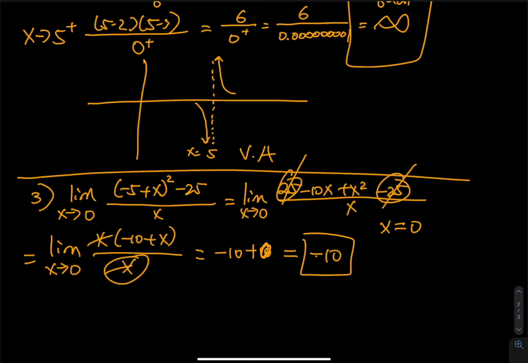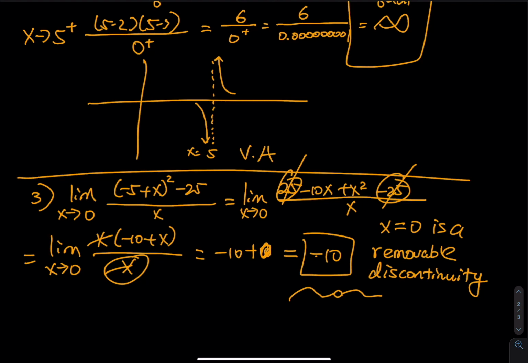So we call x equals 0 a removable discontinuity. What is a removable discontinuity? When you graph, a removable discontinuity is like an open circle. It's not a vertical asymptote. If you are unable to remove this, like the previous problem, then that is a vertical asymptote. Trust me, graph this function. You won't see a vertical asymptote.